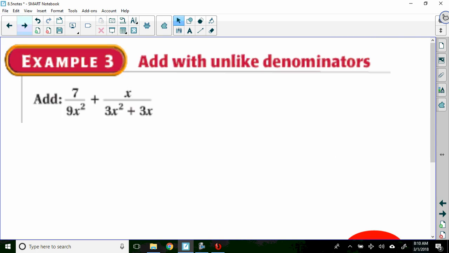The reason you have to find LCMs is because an LCM is how you find an LCD. Remember, an LCD is the LCM of the denominators. We said that yesterday. So what I've got here is 7 over something, and I better find the LCD.